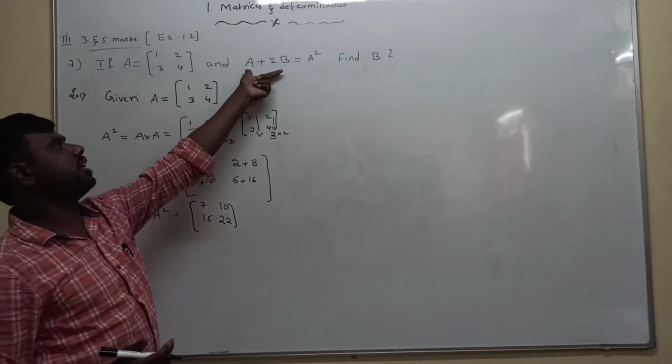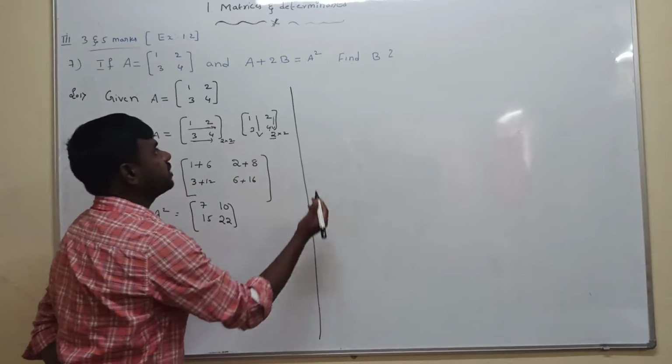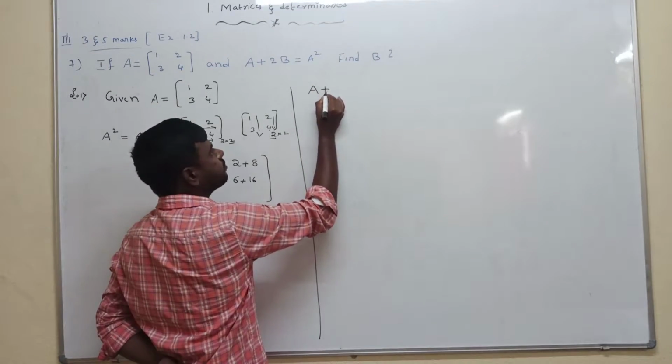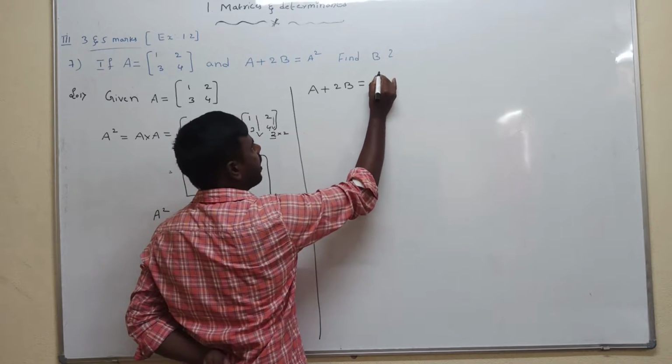Now, by using this condition, we find the B matrix. The given condition is A plus 2B is equal to A square.